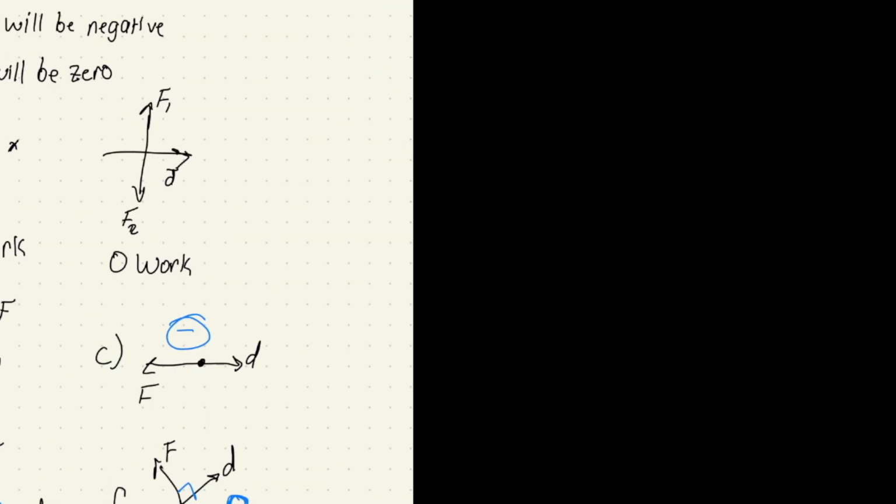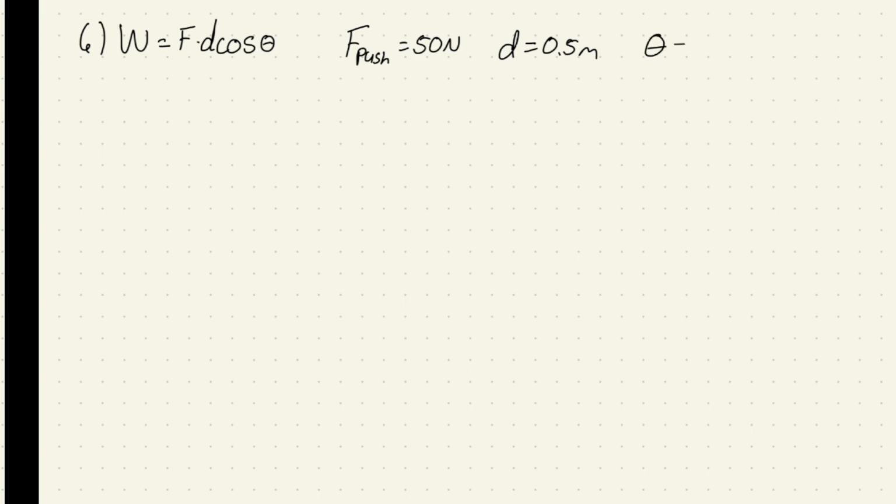So let's go back and talk more about the equation for work, which says work is equal to F times D times cosine theta. So if you were given a force, let's say a push force of 50 newtons, exerted over a displacement of 0.5 meters. Maybe the push force is horizontal and the displacement is also horizontal, and so the angle between those two vectors is 0.